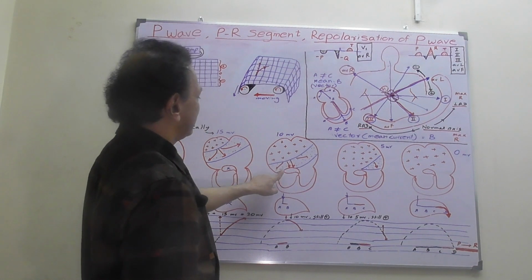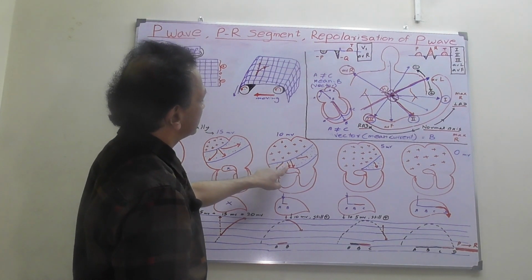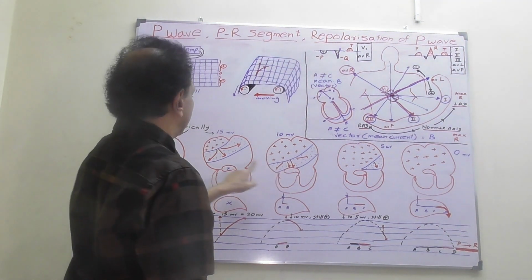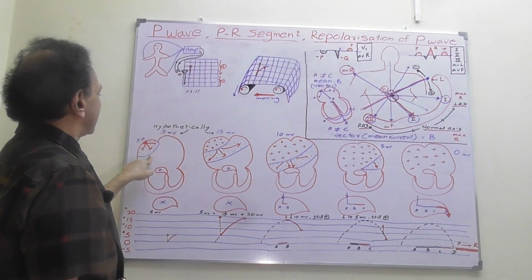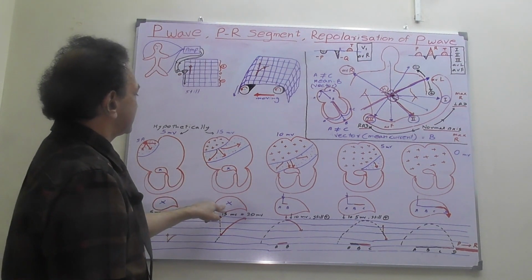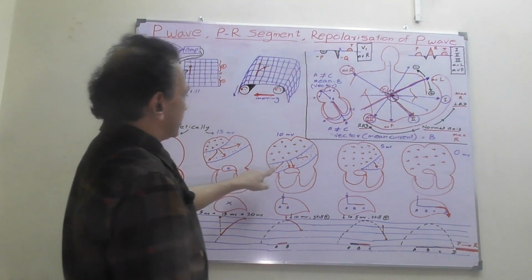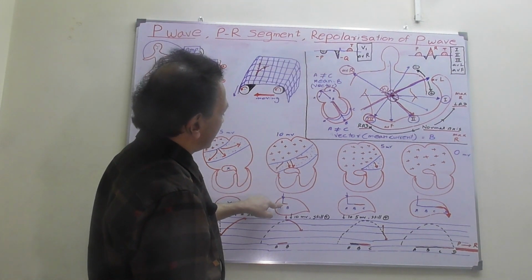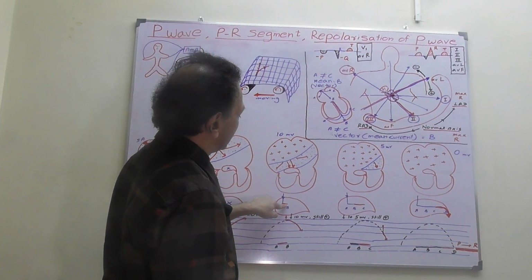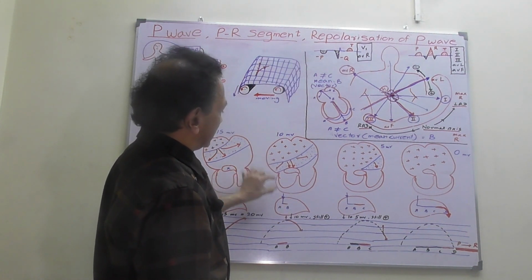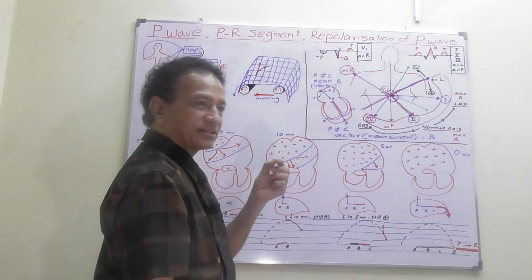And at the same time, this depolarization wave touches the AV node. In these two areas, it is still away from the AV node. No current has reached the AV node. Now once the current reaches the AV node, inside the AV node also, it starts depolarization. But the AV node is a very small area.